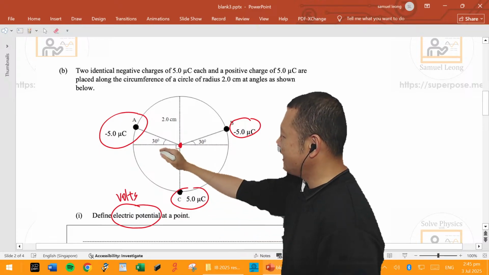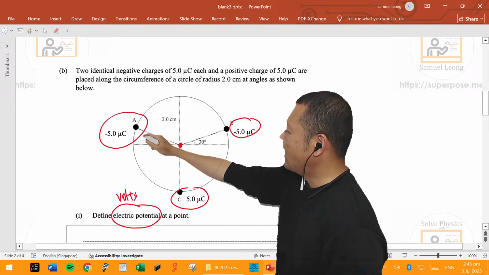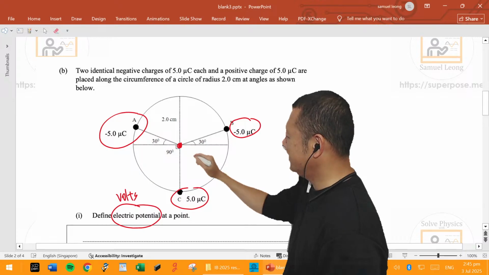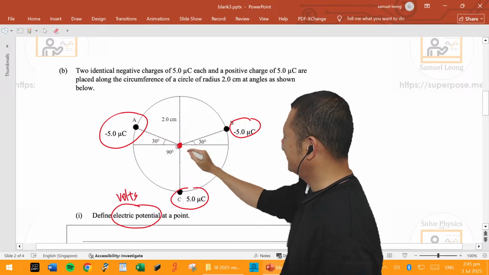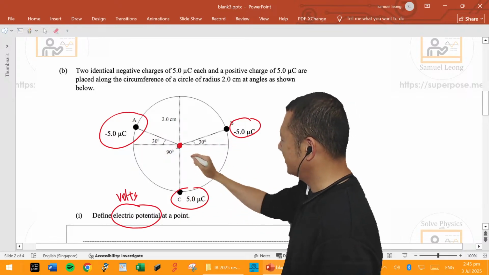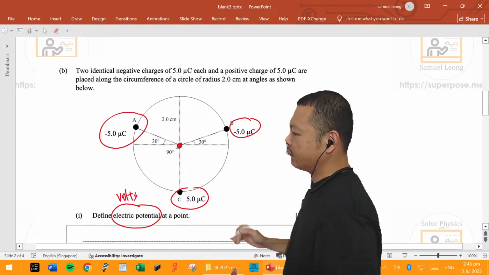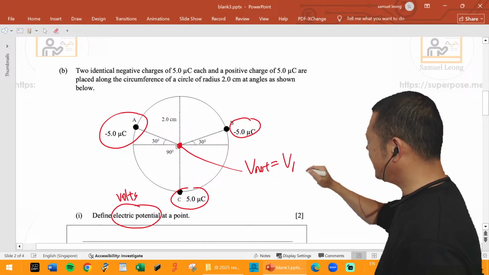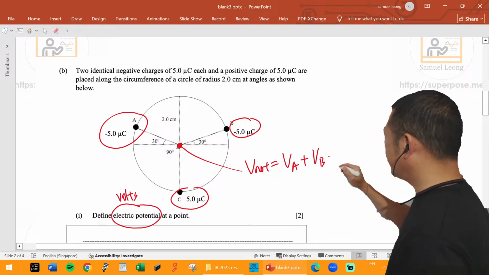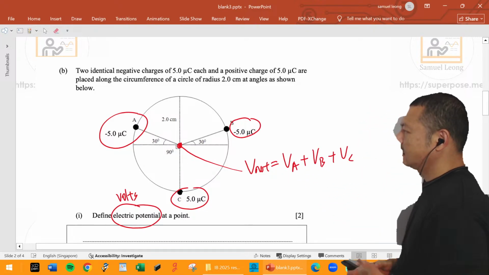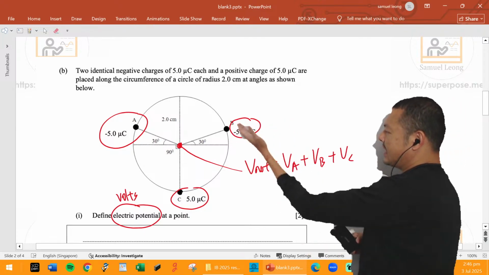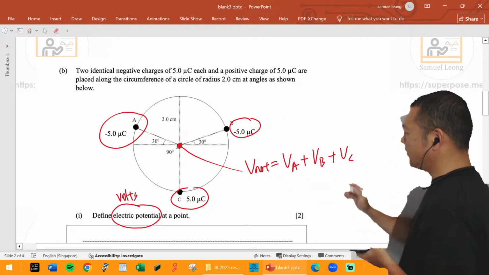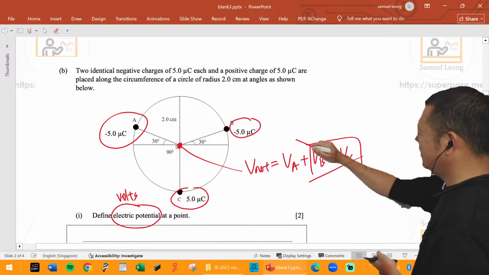So the idea here is the voltage due to A at here, the voltage due to B at here, and the voltage due to C at here. You just sum up all their voltages. So V net is equal to VA plus VB plus VC. Now conveniently, B is negative, C is positive, so in a way, they cancel out.